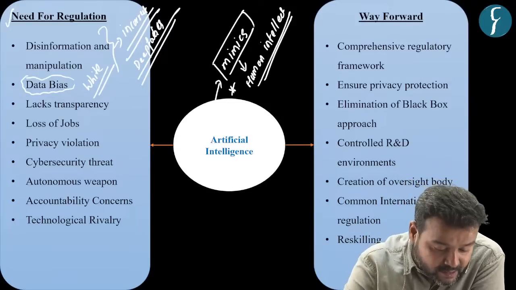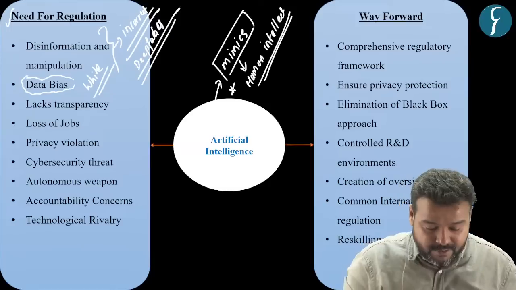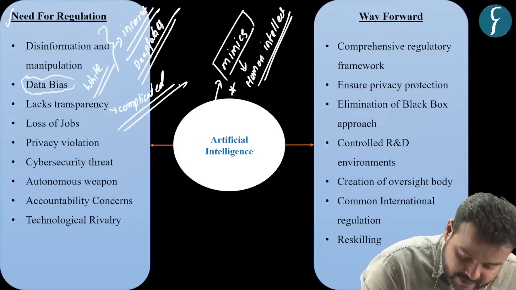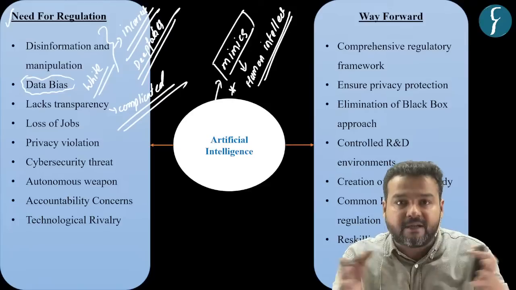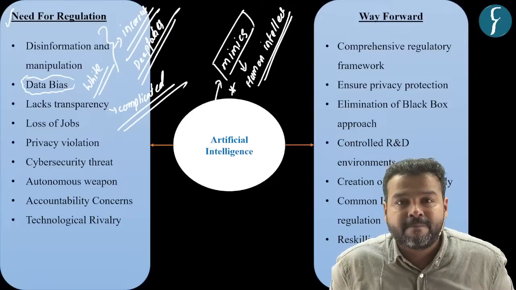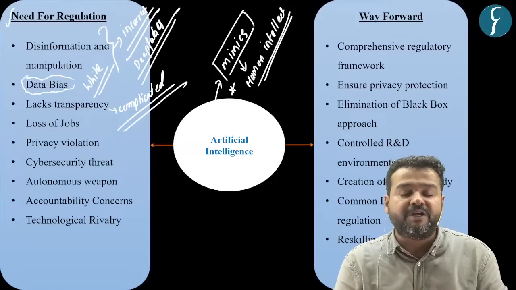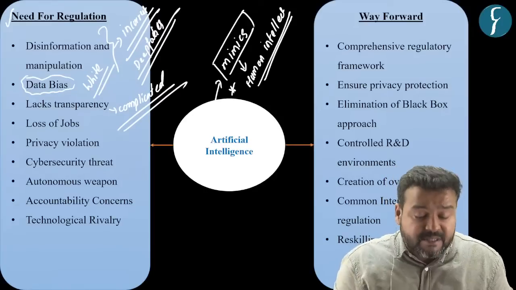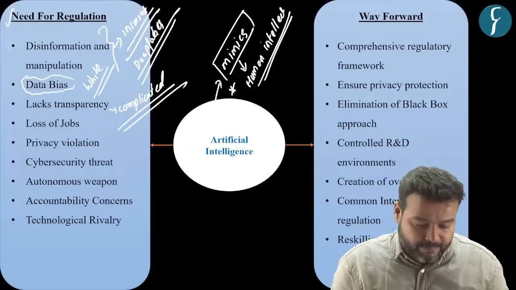Thirdly, it lacks transparency. Transparency in what terms? Now they are so complicated that many a times developers themselves fail to explain the entire process, because so many variables are involved in their computation and bringing up the answer that developers themselves are unable to explain the entire process.